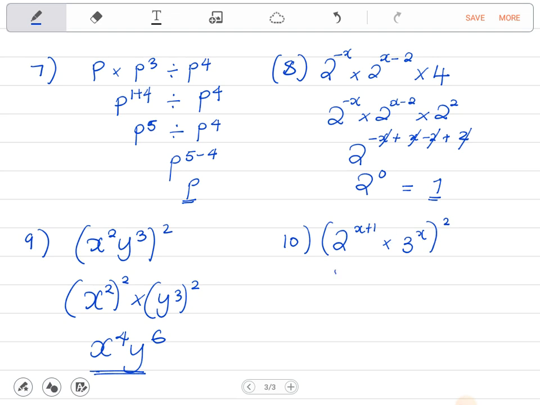So we have 2 to the power x plus 1, then we square, multiplied by 3 to the power x, then we square. So this power and that power are multiplying each other. So we are going to have 2 to the power, what is 2 times x? 2x. What is 2 times 1? Plus 2. Multiplied by, this becomes x times 2, we get 3 to the power 2x. That's all. You are done.